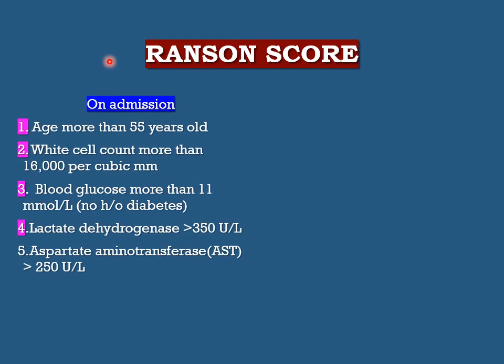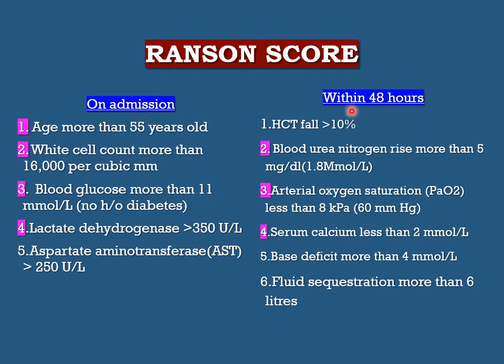Now, to assess the severity, a number of scoring scales have been used. The most common among them is called the Ranson score. The assessment is done on admission and within the next 48 hours since the onset of the pain.